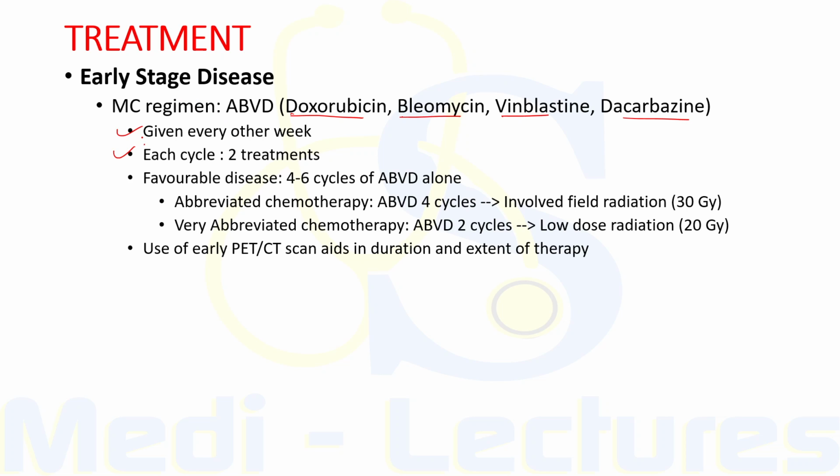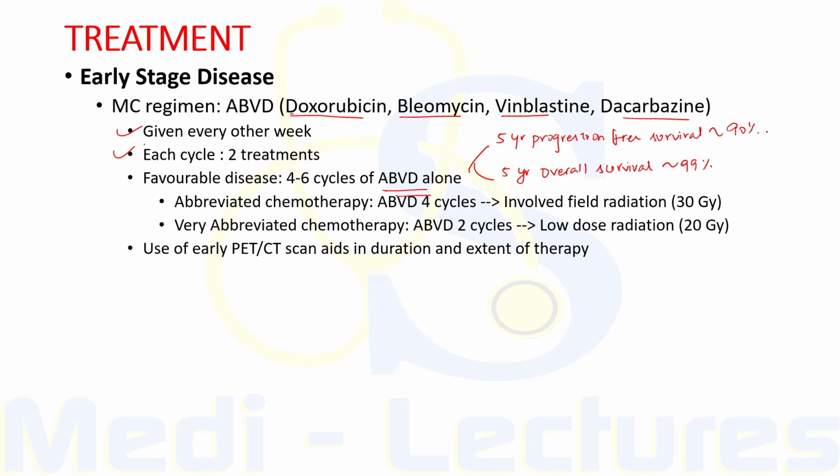Now in patients with low risk, which is known as favorable disease, 4 to 6 cycles of ABVD alone without radiation treatment leads to 5-year progression-free survival of around 90% and 5-year overall survival of around 99%.